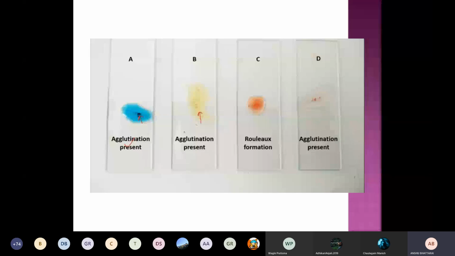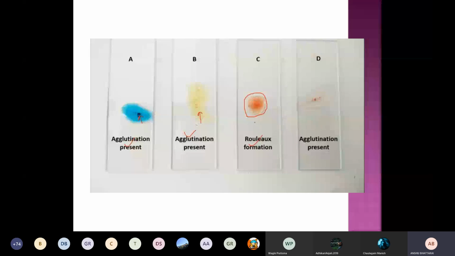So agglutination is present. In slide number C, here the slide only has the normal saline plus blood solution. So there is never any type of agglutination in this slide number C. And in this slide only you will find the rouleau formation, meaning the property of RBCs sticking to each other just like a stack of coins.